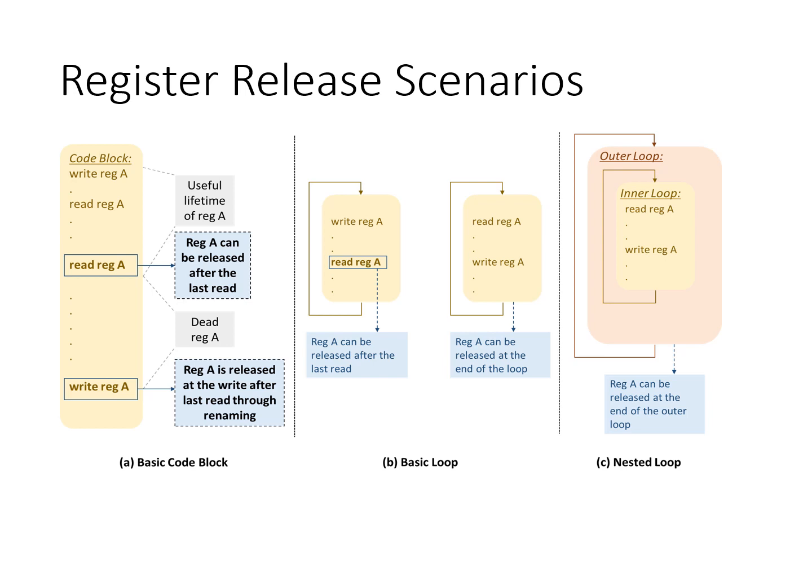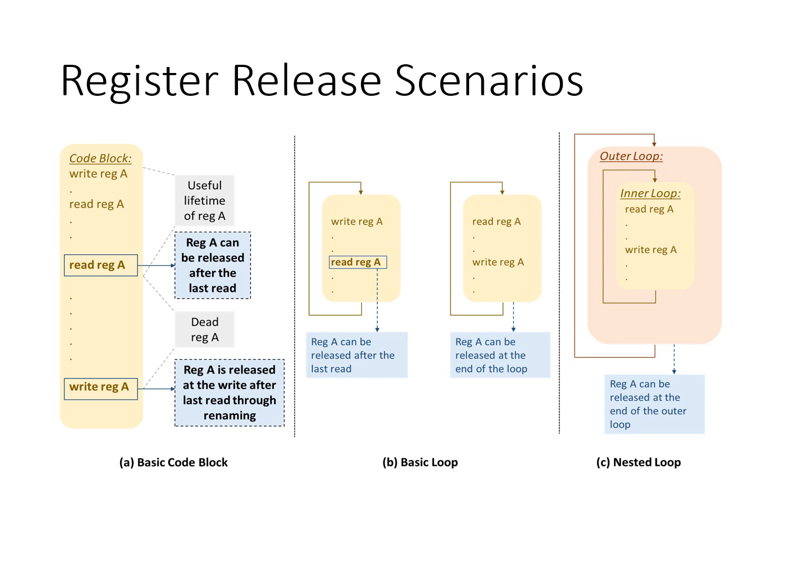The second scenario we have considered is a basic loop. Within a loop iteration, if the last operation that is performed on the register is a read, we can release that register as soon as the read operation is performed. However, if the last operation is a write, we cannot release that register because the value will be read in the next iteration.